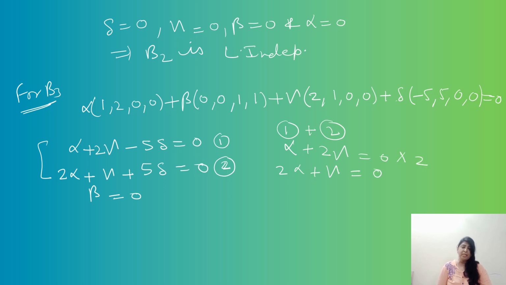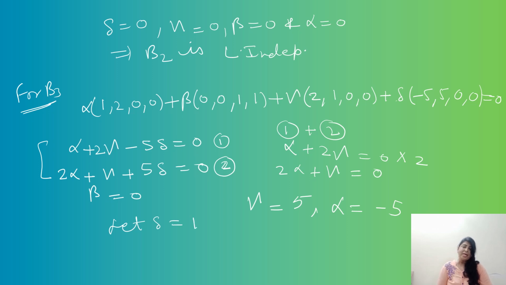On subtracting these, you will get the value of gamma as 5 and put the value of gamma in the first equation. In this equation, you will get the value of alpha as minus 5 and then you have delta. So let us assume delta as 1.